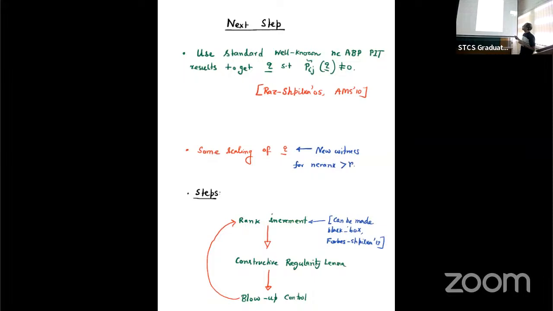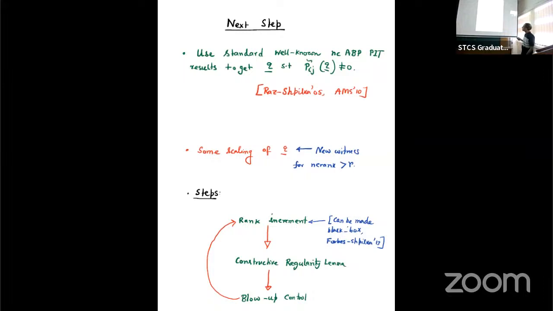Okay, so the next step is that we use a very standard PIT algorithm to come up with a non-zero of such non-commutative polynomial, and that I call Q bar, and that Q bar serves as a witness which is more than 1.